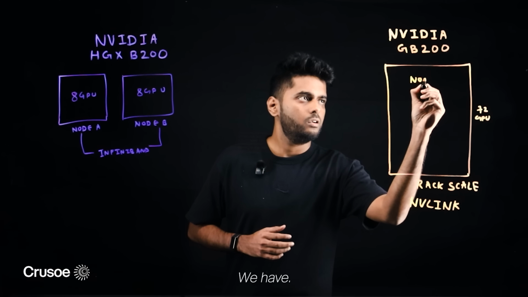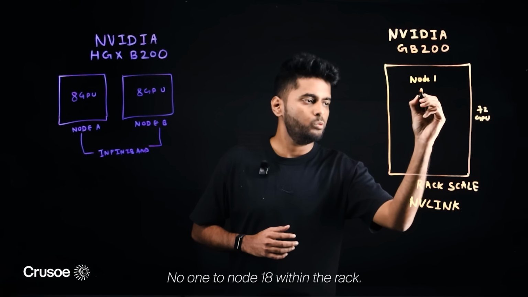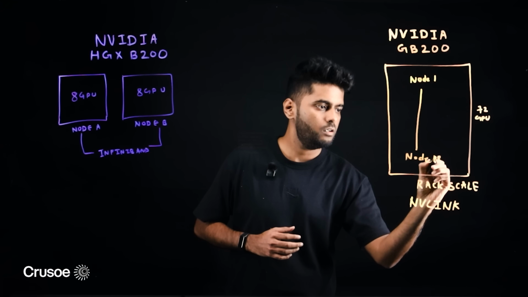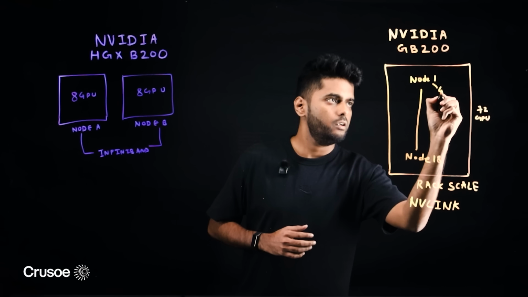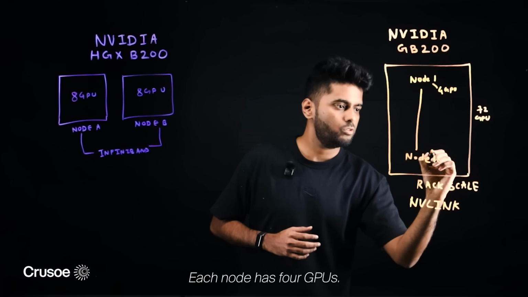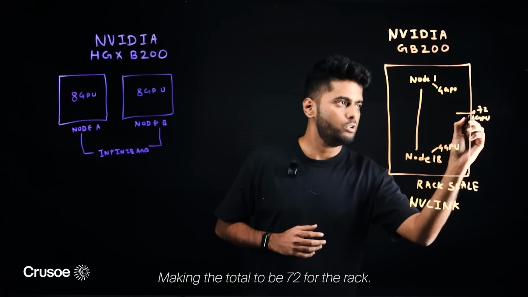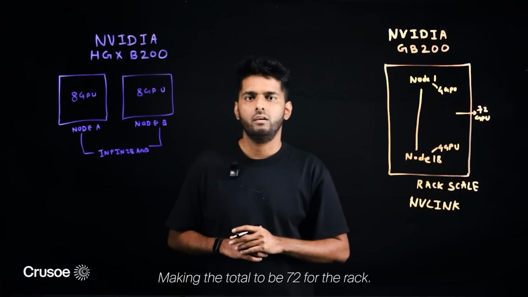We have node 1 to node 18 within the rack. Each node has 4 GPUs, making the total to be 72 for the rack.